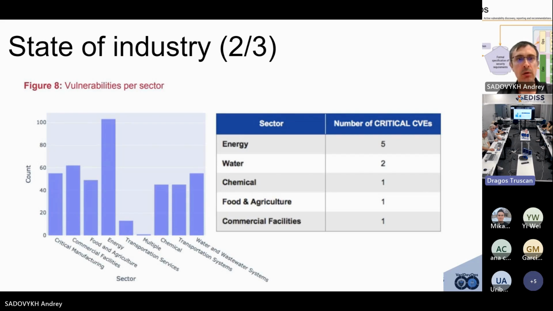All industries are affected: manufacturing, food, agriculture, energy, transportation, water and waste management systems. In our project, we have a couple of examples with Fagor Arrasate in machinery building, and ABB in crane systems.